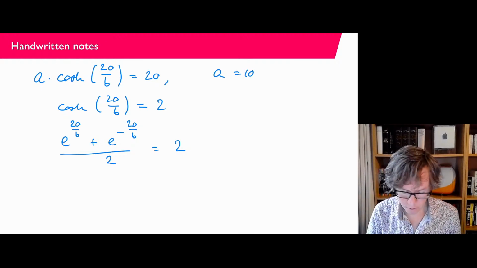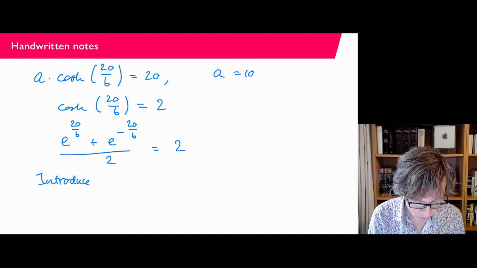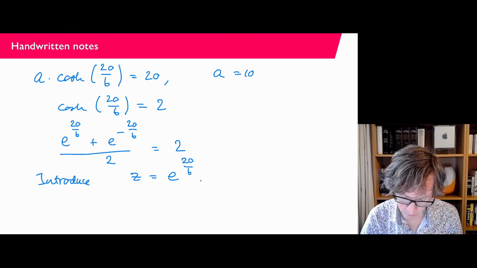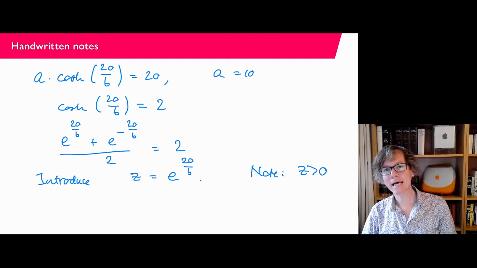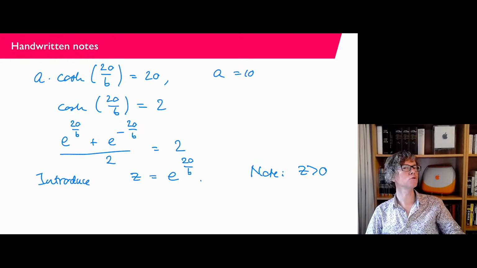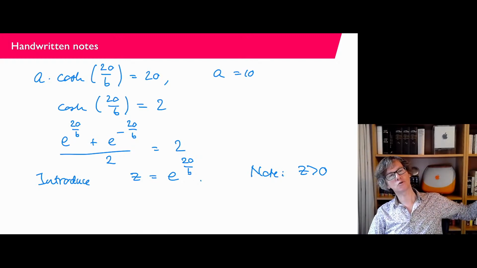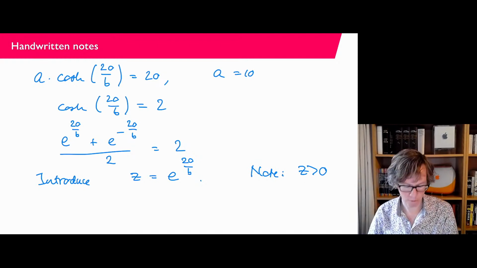So the trick is here to introduce a new unknown, let's call it z, is e to the power 20 over b. And an important thing to note here is I introduced z as an exponential function of something. And we have seen that the exponential function, well, for x going to minus infinity, it goes to 0. And then it increases, and it goes up, it grows exponentially. So it's always positive. So z should be a positive number with this definition.